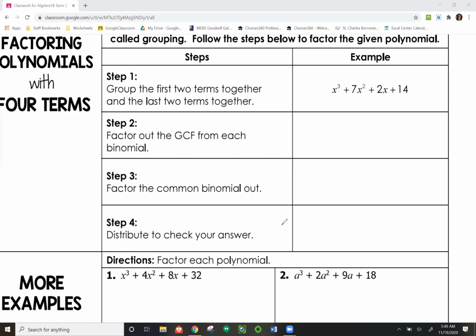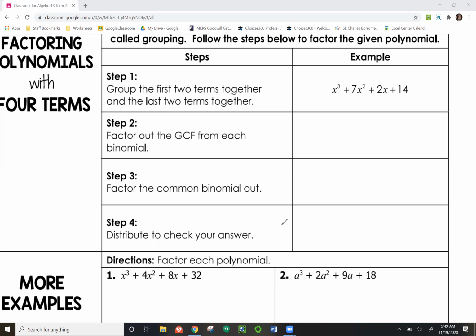But we're actually going to do it twice. We're just going to factor the greatest common factor twice. When you have four terms, and we're going to give you very specific polynomials where this works, okay, very specific ones where this is going to work.